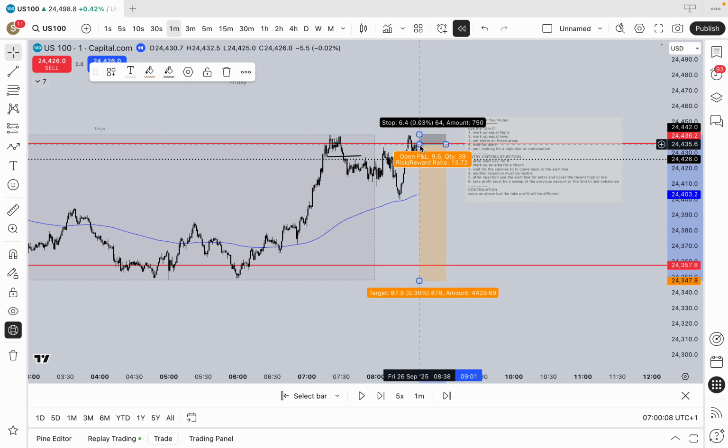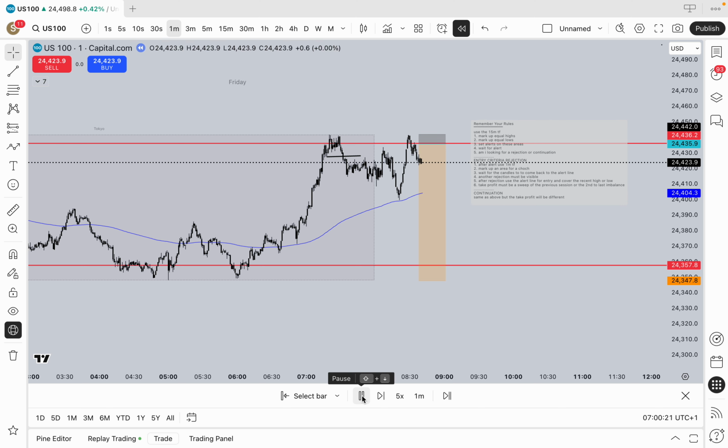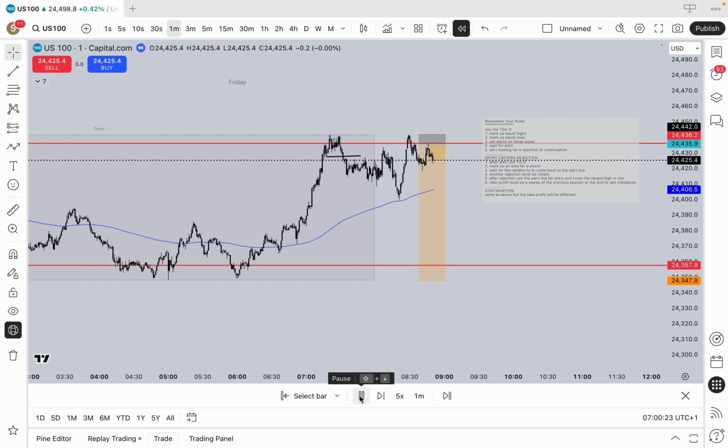I mean, technically it gives us about 1 to 14, 1 to 15 roughly, 14 and a half. Okay, let's see what happens. Tapped in there.